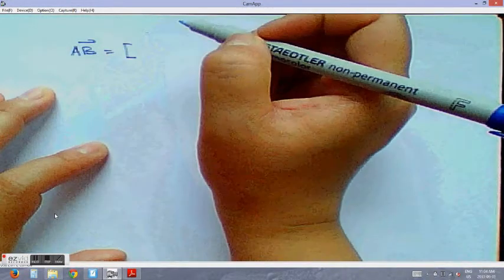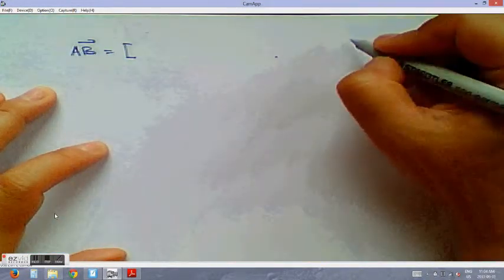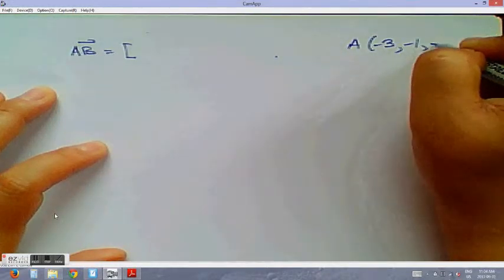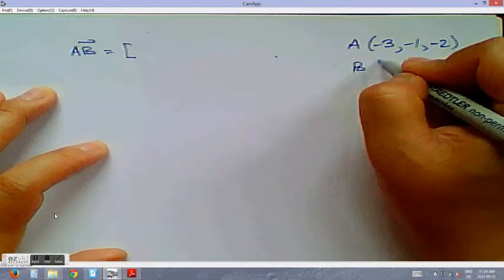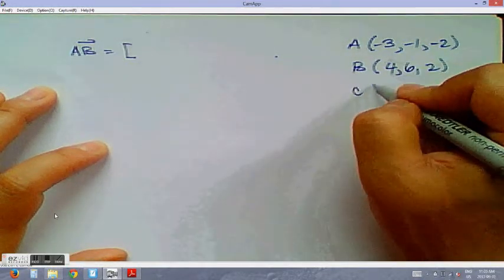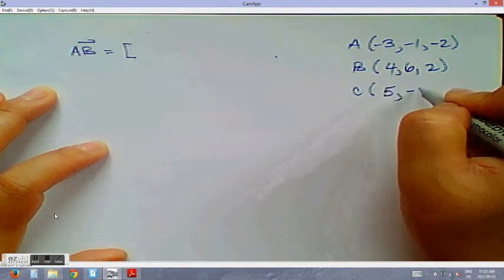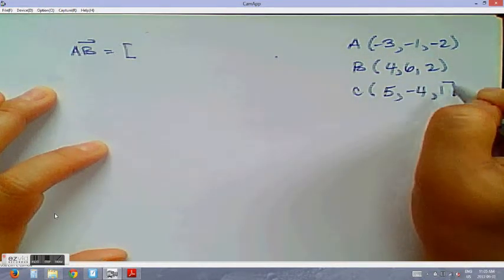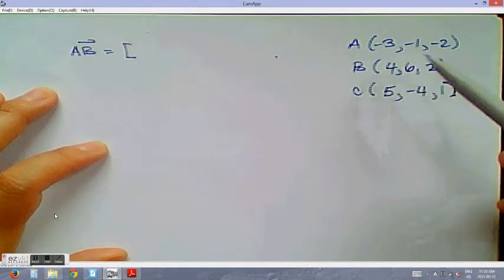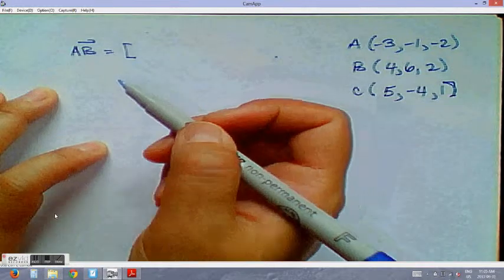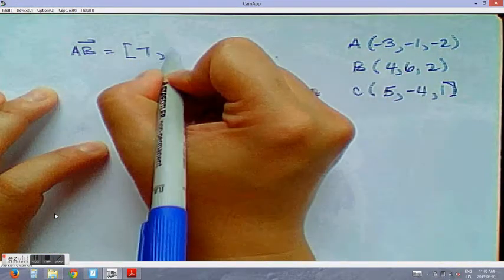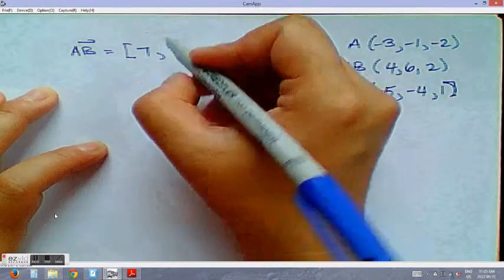Let me write the points out. A is -3, -1, and -2. B then is 4, 6, and 2. And C is 5, -4, and 1. So A to B: 4 minus -3 is 7, 7, and 4.